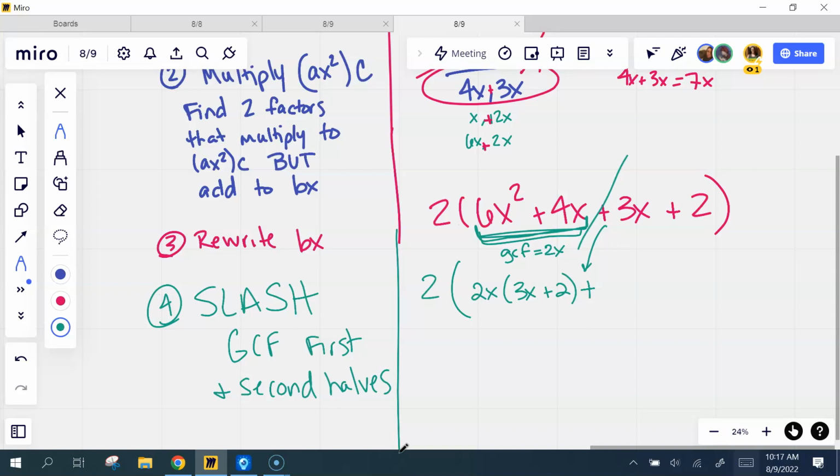And now do the same thing for the second half. Because one is always a factor of everything, if you can't find a factor, 1 works. But you need to write it whenever we're factoring. So here, the GCF is just 1. So I put a 1 outside, and I have 3x plus 2.